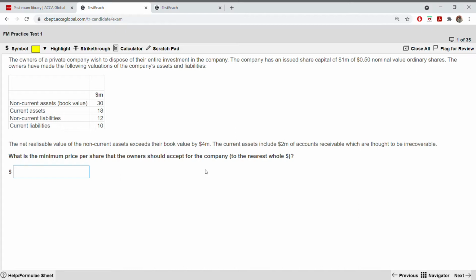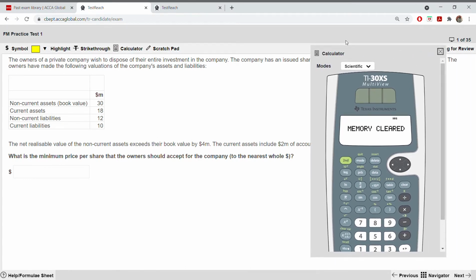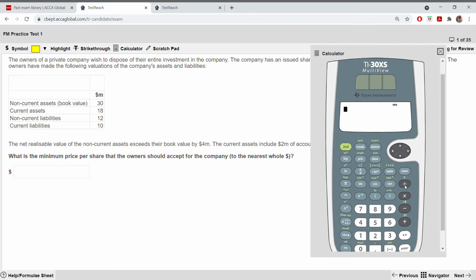Okay, so here you need a calculator. Open your calculator up like this, it will come. You can use your own calculator also. So what do you have to do? Add your current and non-current assets, that is 30 plus 18, and minus your non-current liabilities and current liabilities.